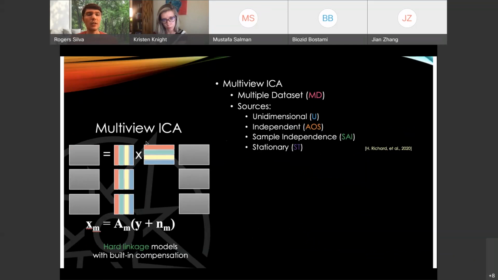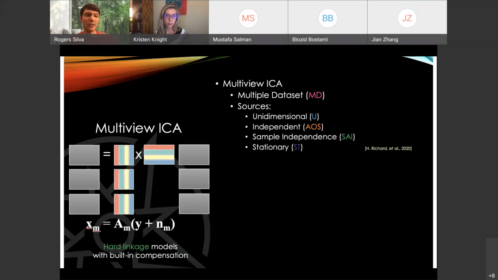So the model directly estimates subject specificity as a difference from the mean source or the group source directly into the model. And by directly into the model, I mean that there is a closed form likelihood that is optimized to account for that.